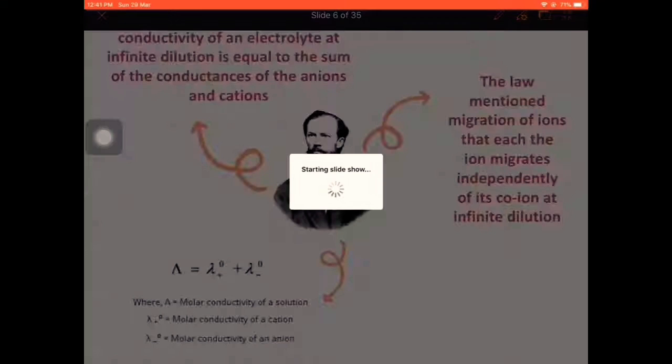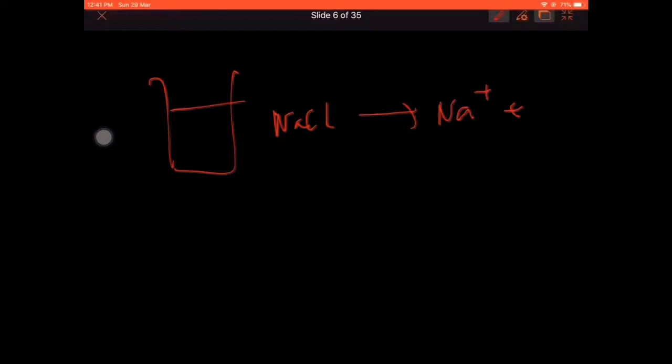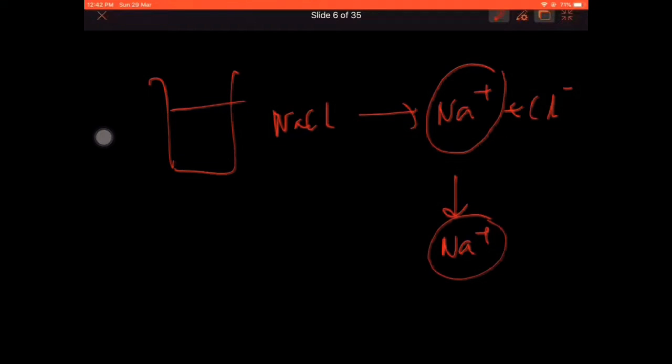If you have the solution, for example Na+ and Cl-, let's say we are considering Na+ as our determined ion. Then the co-ion will be Cl-.